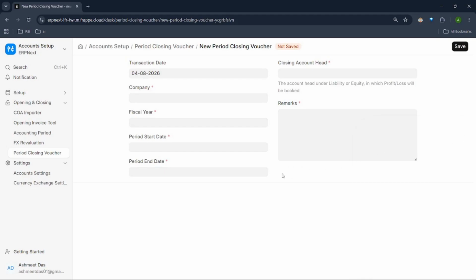In the period closing voucher, if it is a quarter or fiscal year, we set up our dates, showcase the year, and create it. The net profit or loss of the year gets safely moved into the balance sheet, and we begin the next financial year or next quarter with a clean profit and loss statement to track our new sales and new orders for the product. That's our accounting model.